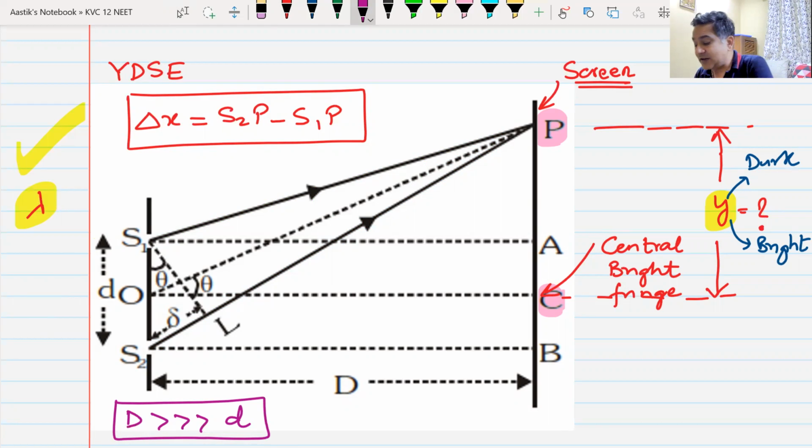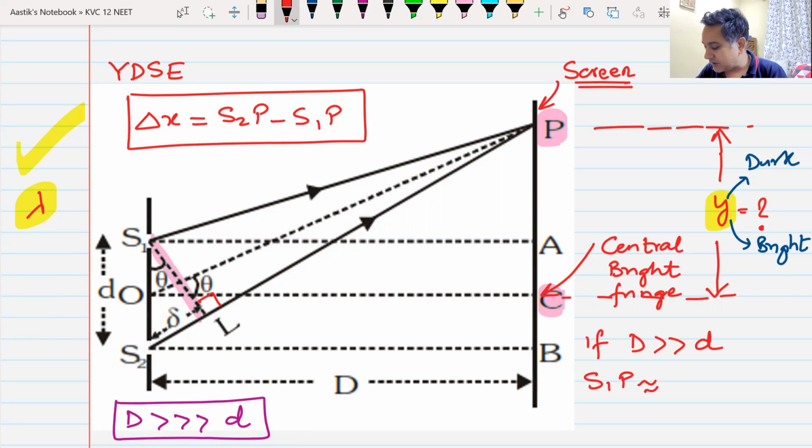Now, since capital D is very large compared to small d, I have drawn a perpendicular from S1 to S2P at L. Can I say that S1P is approximately equal to LP, yes or no?